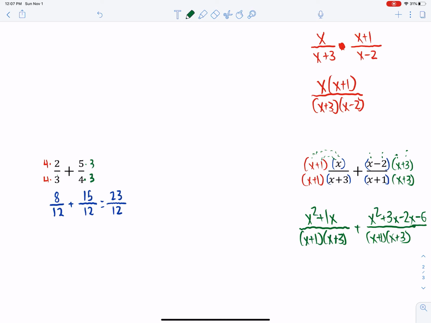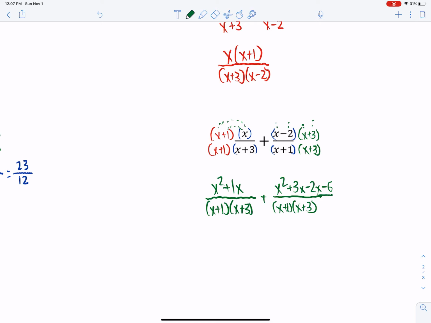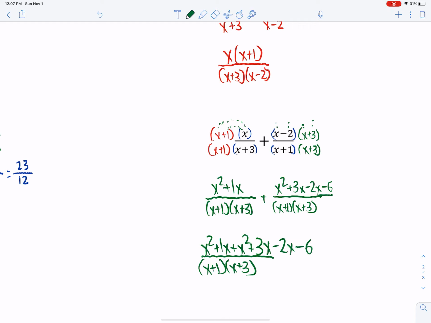Like that. So now, when you're adding fractions that have a common denominator, you leave that denominator alone. Just x plus 1 times x plus 3, and you add the top parts. So we're just going to have x squared plus 1x plus x squared plus 3x minus 2x minus 6.